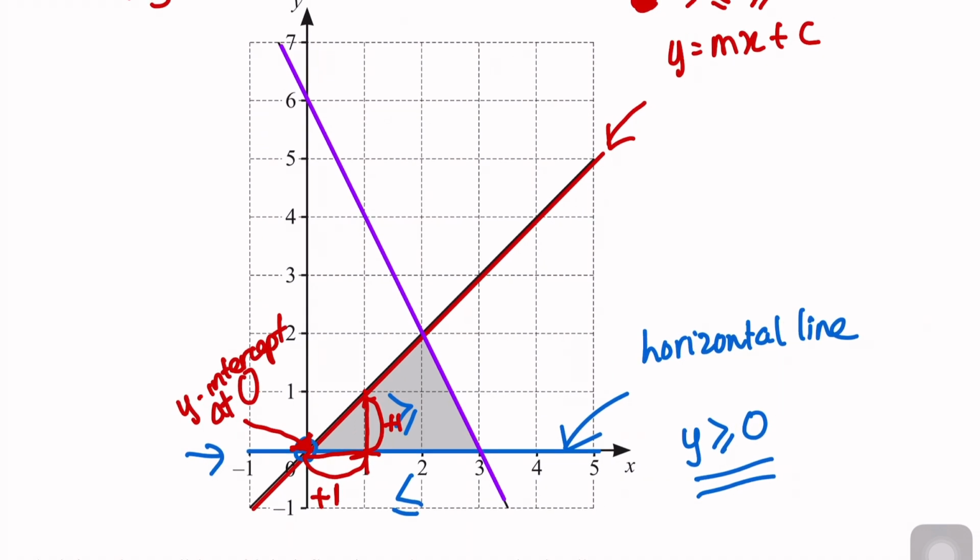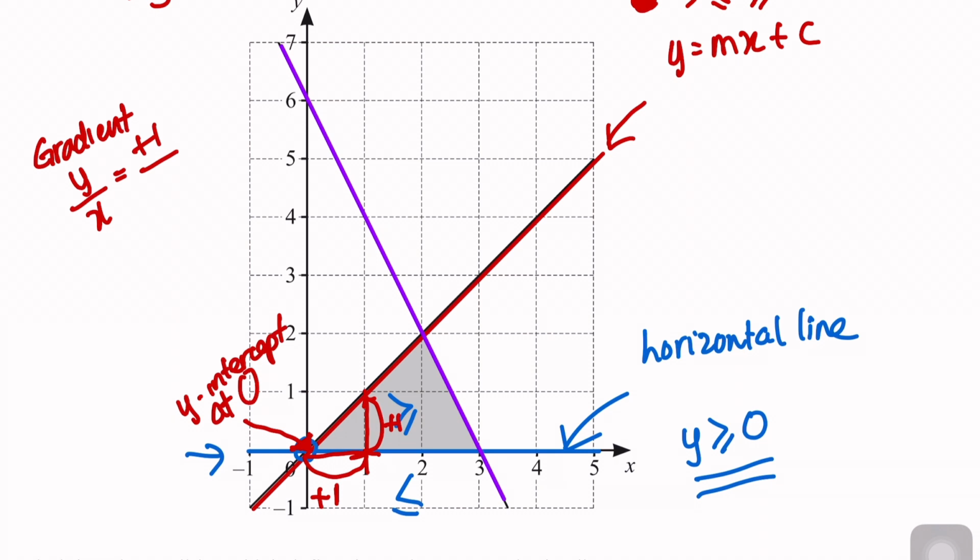So gradient will be difference of y over difference of x. So I shall put the steps number. For y, it is for going up or going down, but in this case we are going up, so it's a positive 1 over x.